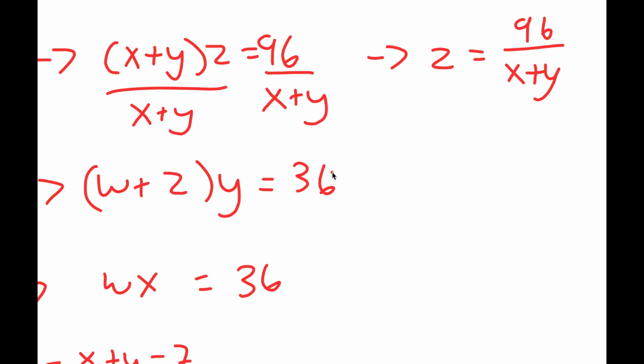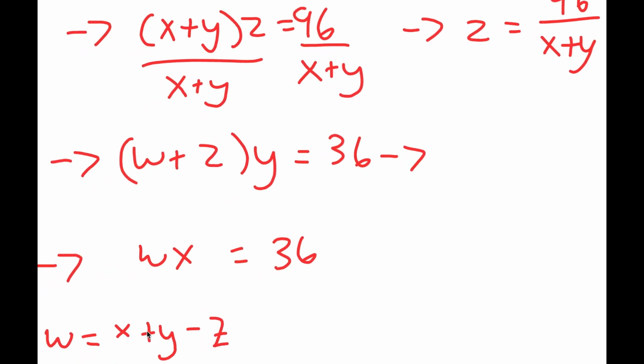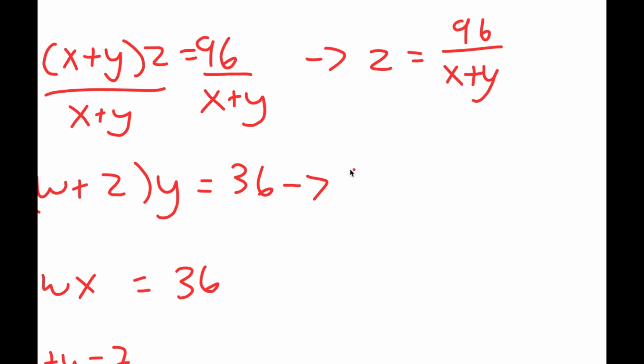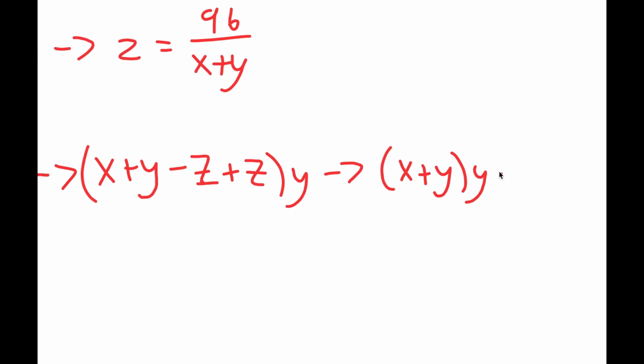And this also turns into, if I plug in the value of w right here, x plus y minus z plus z times y, which is equal to x plus y times y is equal to 36.